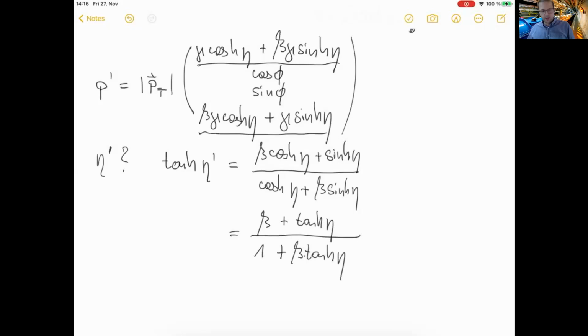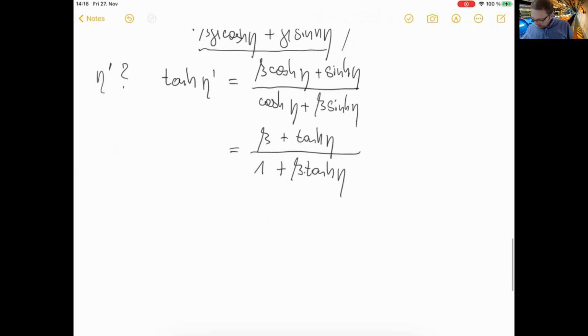So let's do a trick as usual in special relativity. We write the beta as tangent hyperbolicus of tangent hyperbolicus inverse of beta.